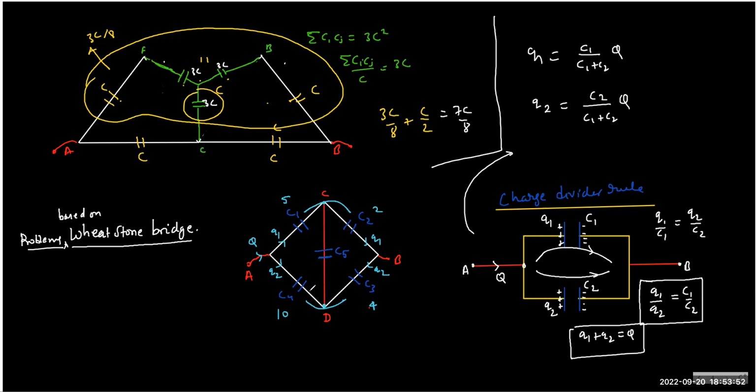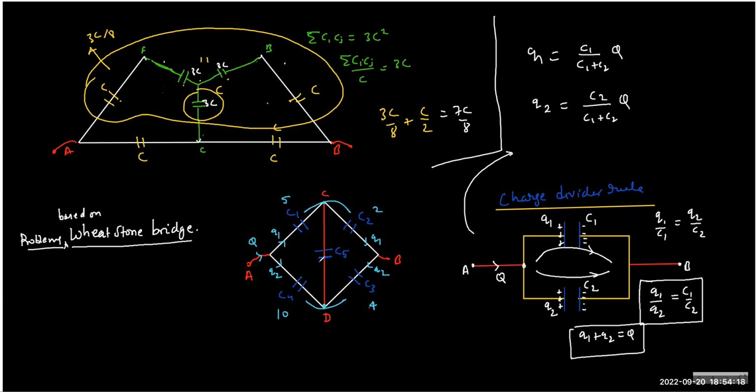Do you realize this? The middle will get nothing. Which means if the ratios are maintained in a similar fashion, then the bridge element or the bridge branch will not be a participant of the charge or the current in the circuit.